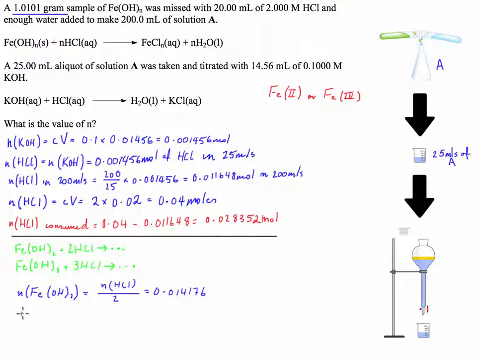And for the second option, Fe(OH)3, that's going to be equal to the number of moles of hydrochloric acid divided by 3, which is equal to 0.009451.